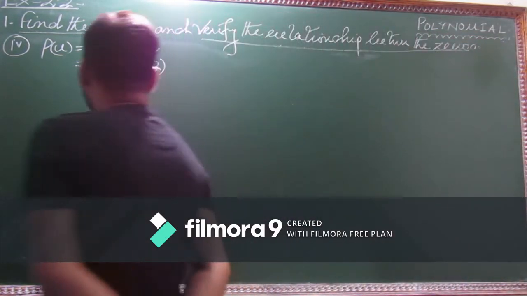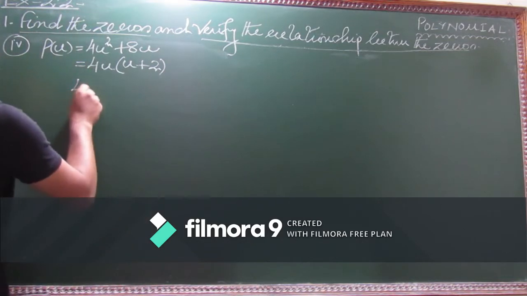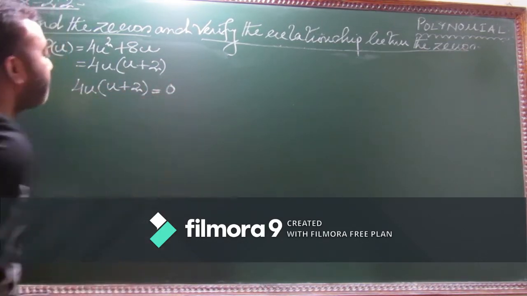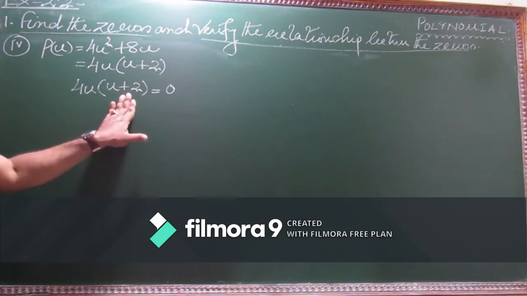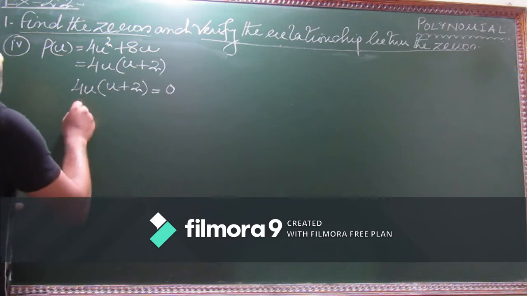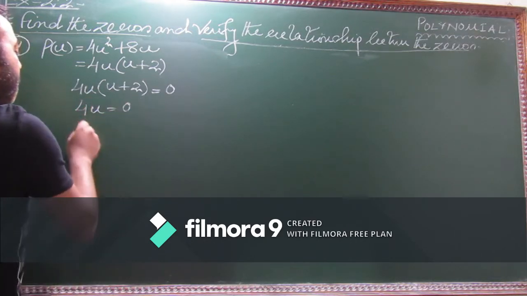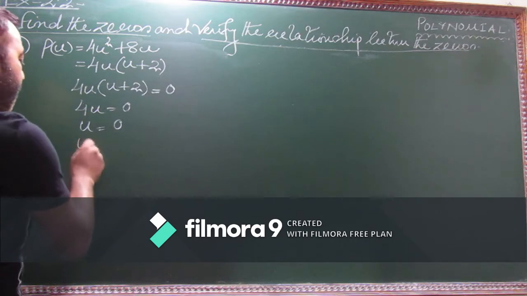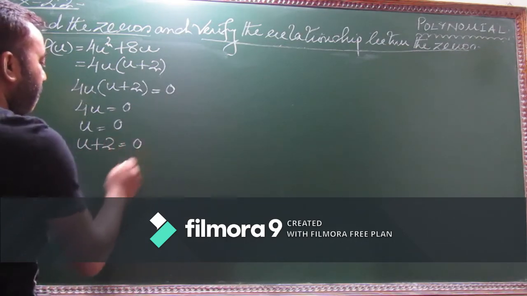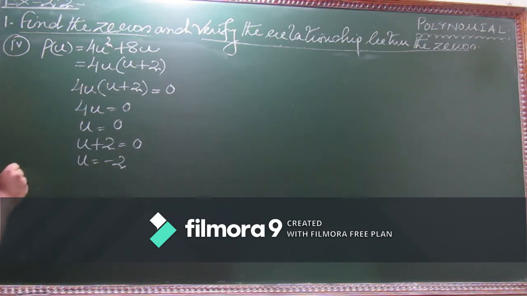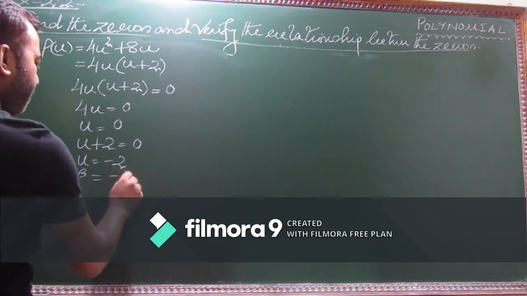This is 4u into u plus 2 is equal to 0. The product is 0, that means they are individually 0. So 4u is equal to 0, u is equal to 0 because 0 by 4 is equal to 0, and u plus 2 is equal to 0. It means u is equal to minus 2. So my alpha is 0 and my beta is minus 2.